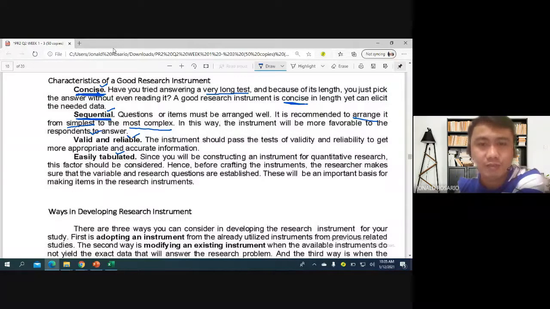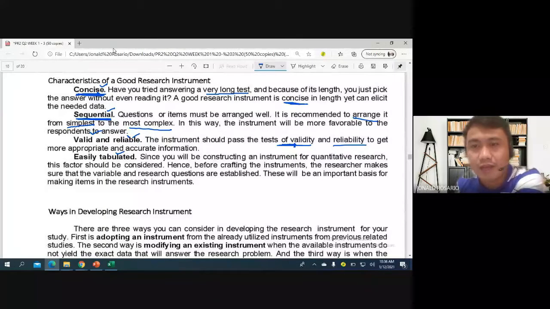Okay? Next, valid and reliable. So, instrument should pass the test for validity and reliability. Pag sinabi nating valid, so we are measuring what we need to measure. So, lahat ng mga items ninyo dapat ay masasagutan yung ating research questions. Reliable naman, so kahit ilang beses nating i-test ay, of course, makukuha natin yung ating target.